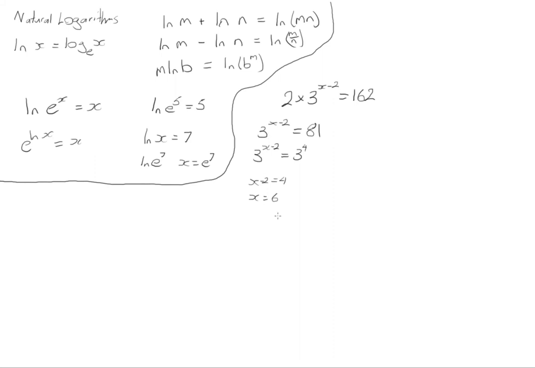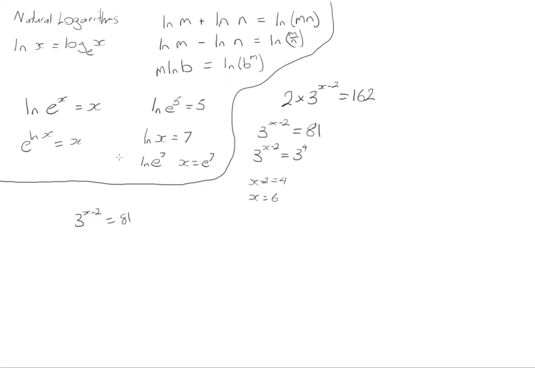We could also use logarithms, and let's do it that way now. So we'll start off from this point here because we need to simplify this as much as we can first. So we're going to have 3 to the power of x minus 2 is equal to 81. Let's use logs.